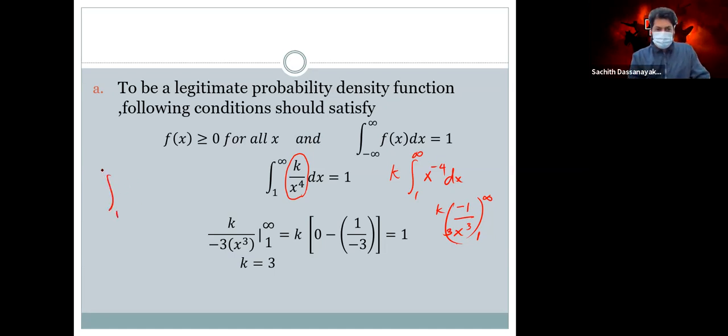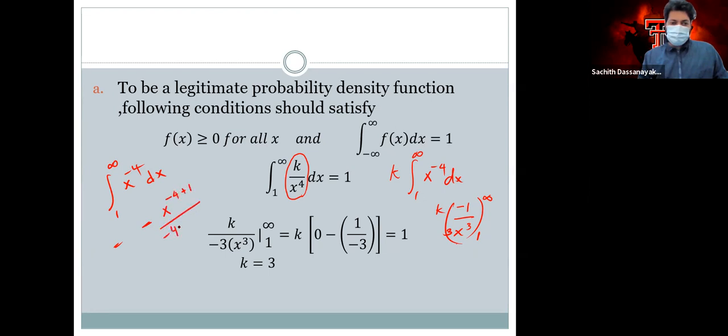The integral of x to the power negative 4 dx is x to the power negative 4 plus 1 divided by negative 4 plus 1.